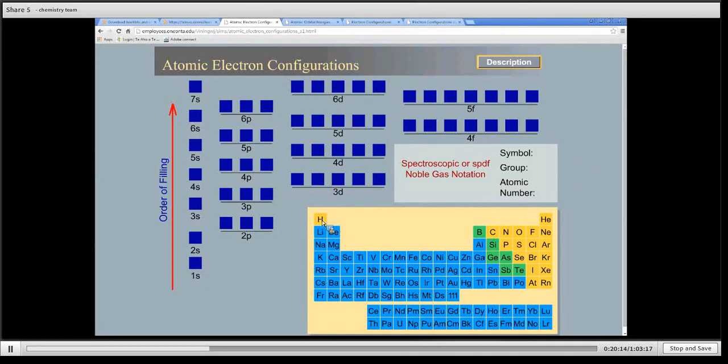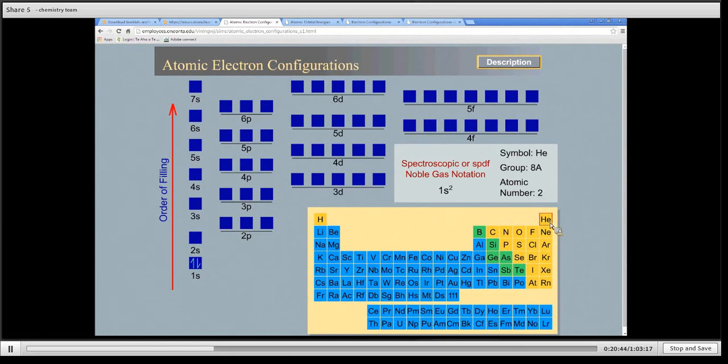So if I want to fill it, there's my hydrogen. It has an electron configuration, and we'll explain how it works. Notice 1 is for the energy level, s is for the orbital, and that little superscript 1 shows how many electrons are in it. So hydrogen has an electron configuration of 1s1. It's sitting in the lowest possible energy.